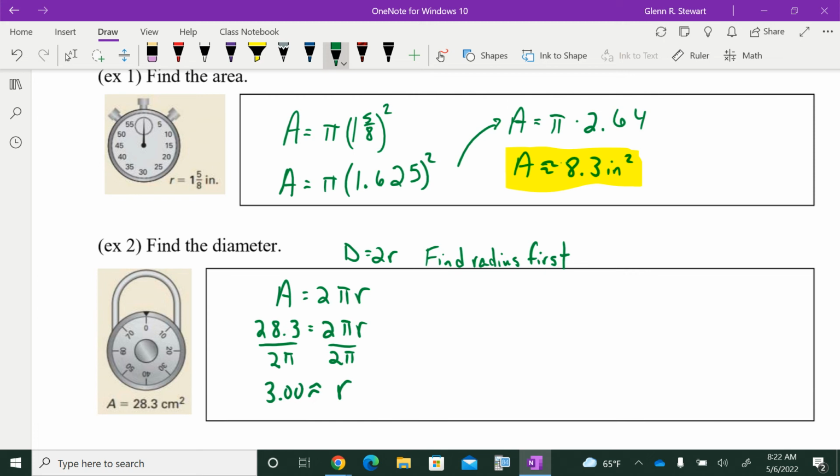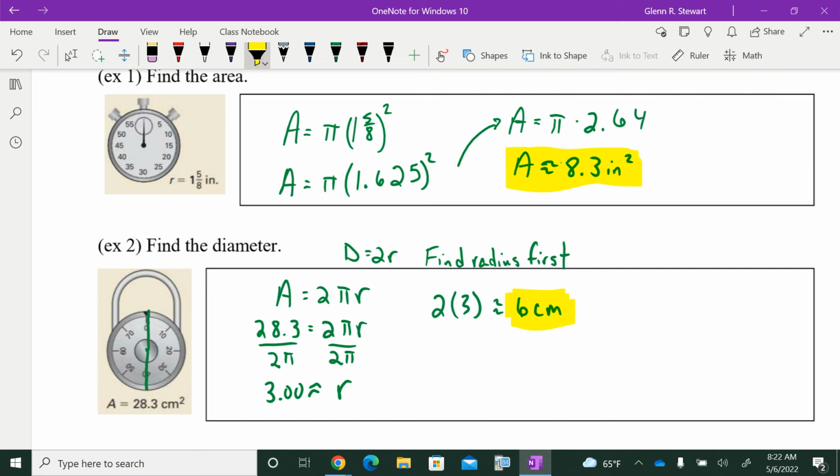So 3, essentially. Well, with diameter being 2 times that, I can just say 2 times 3, which would be approximately 6 centimeters for my diameter. Remember, radius is from the center to one side. Diameter is from one side to the other while crossing the center line.